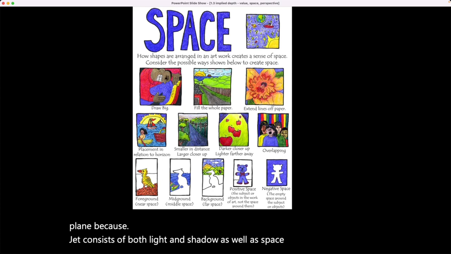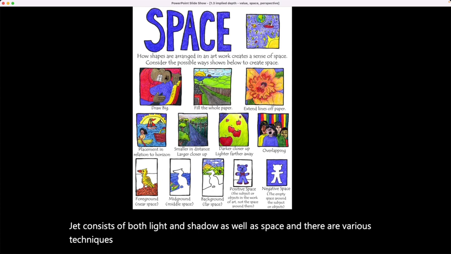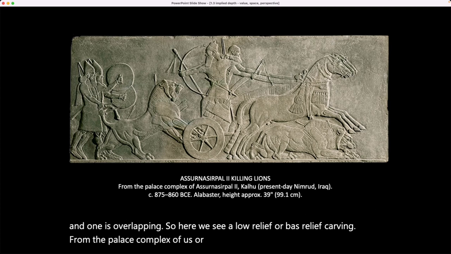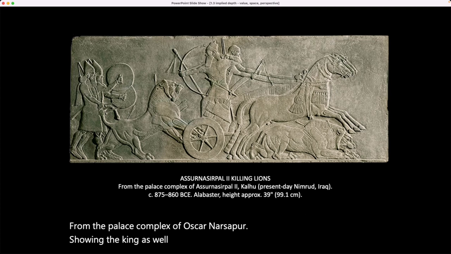And there are various techniques of sort of implying three-dimensional space in a two-dimensional form. One is overlapping. So here we see a low relief or bas relief carving from the palace complex of Ashurnasirpal, showing the king as well as some attendants and warriors on a lion hunt.